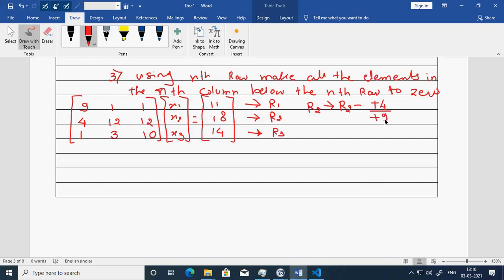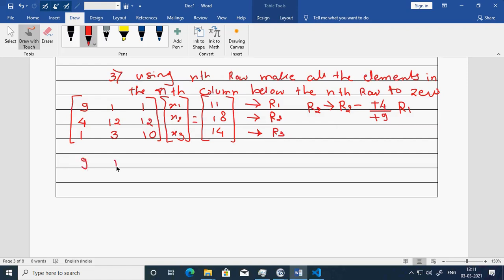So R2 will change to R2 minus plus 4 divided by plus 9 into R1.